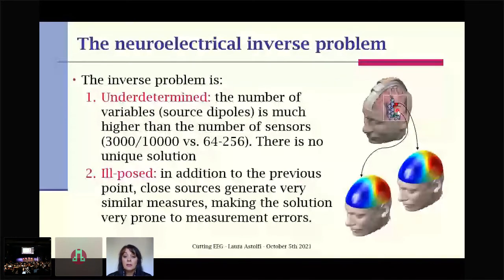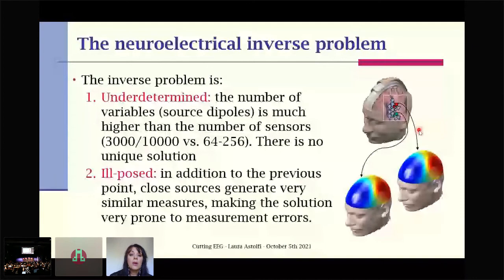At the same time, and in addition to this, close sources, which means different dipoles in the brain, usually generate very similar measures on the scalp, like in this example here. So the columns of the lead-field matrix are very close to each other, especially those related to closer dipoles, which makes the solution very subject to measurement errors. So it's a tricky problem.